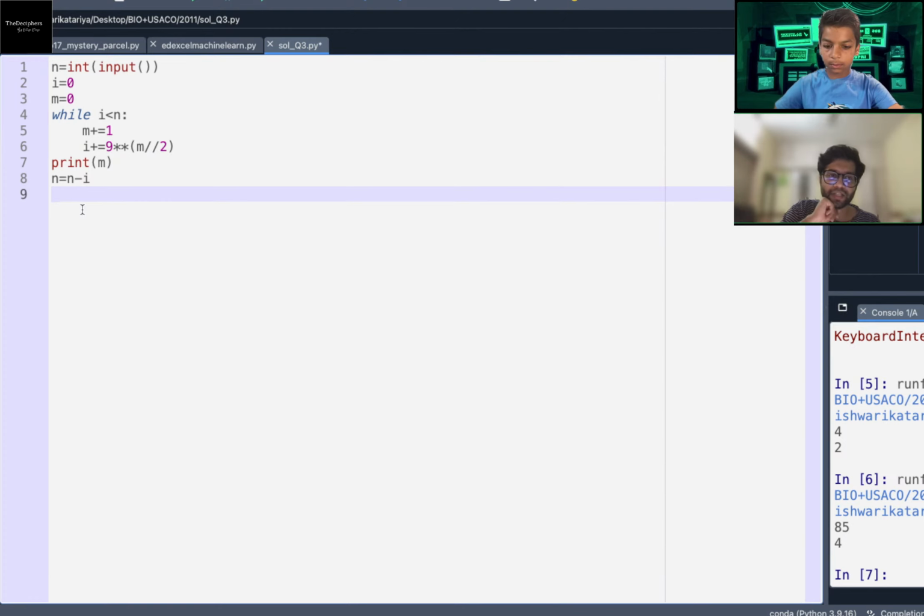When on line 8, if you do n minus equal to i, then n actually becomes negative.